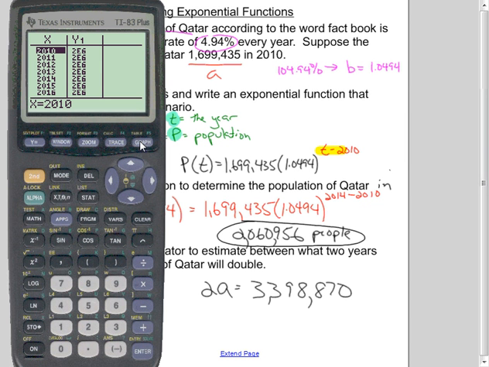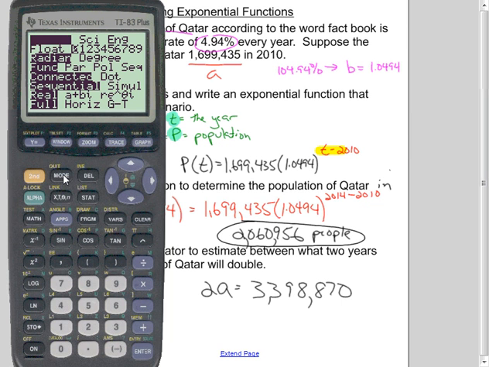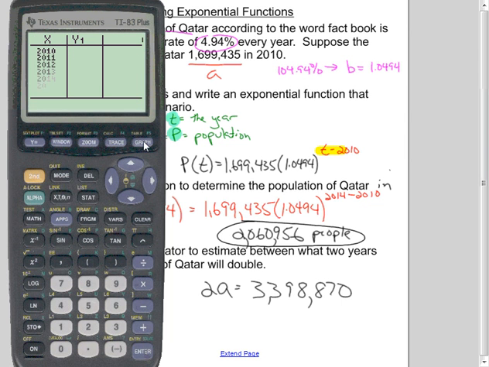Okay, so that is hopefully going to help me zero in on this number that I need here of 3,398,870. Now, if you notice, it seems like all my answers in the y column are the same. It's because I told the calculator not to round it off. Well, even in scientific notation, it's not rounding. I'm actually going to need it to round here, so I'll go back and put it in float. And then I notice here that I get more appropriate decimals.